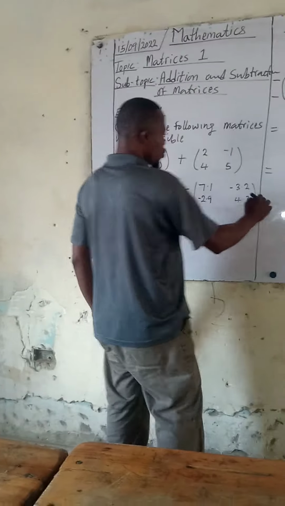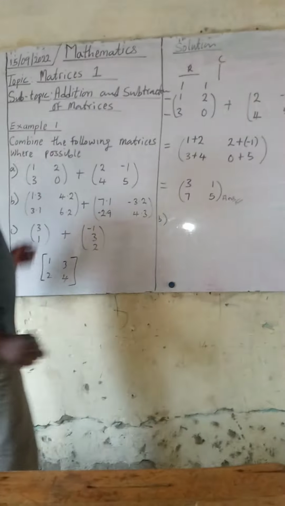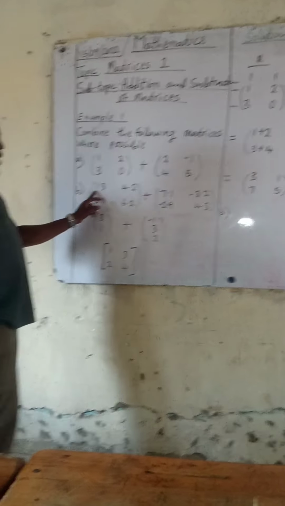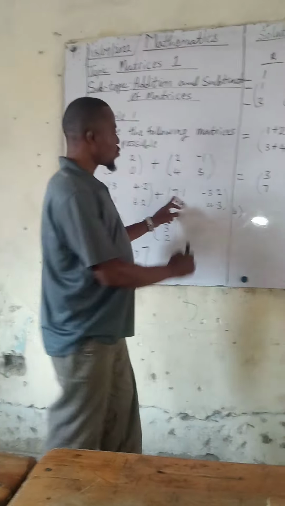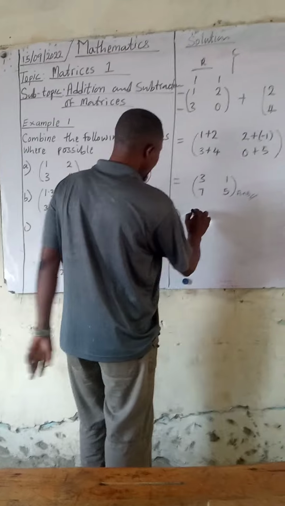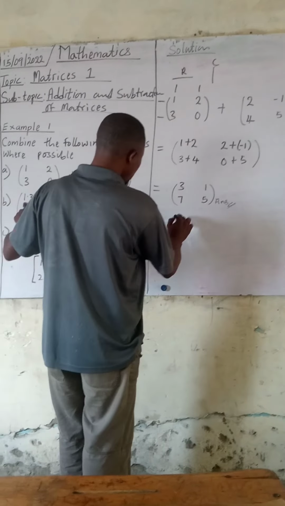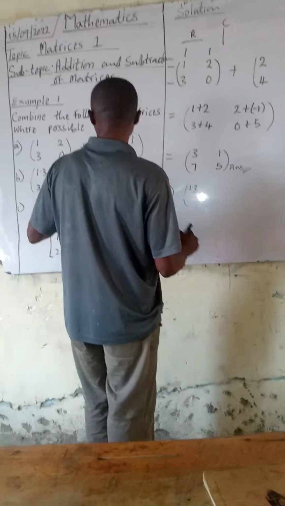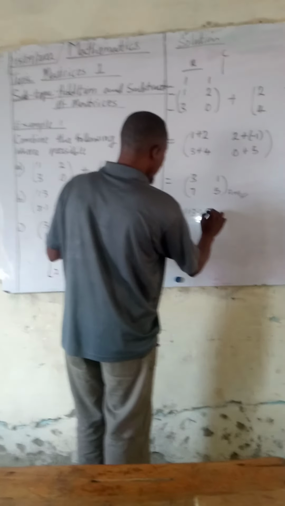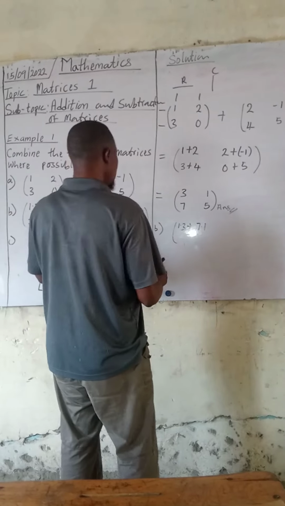Then we are moving to number 2, which is B, where we have 1.3, 7.1. So let's add them together. So the first one is 1.3 plus 7.1, isn't it?